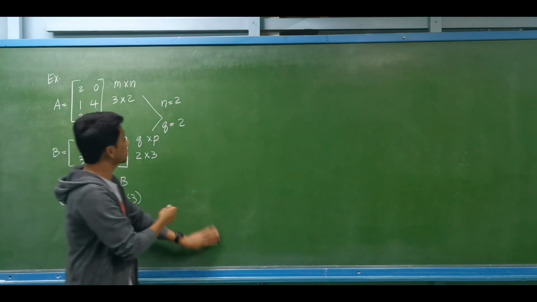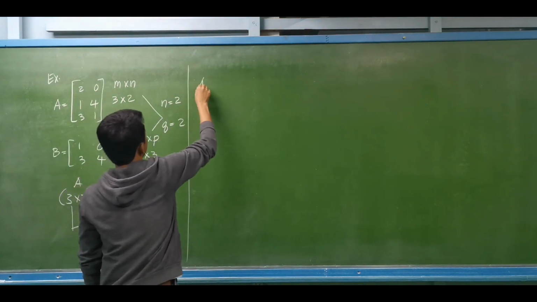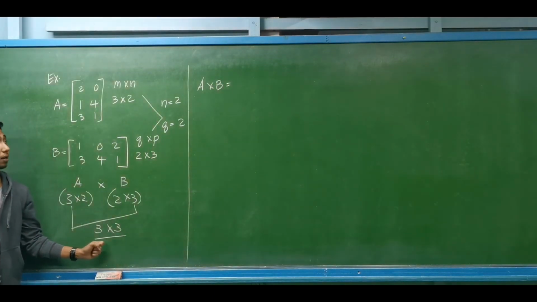So let us solve. This is A times B. We are expecting a 3 by 3 matrix.